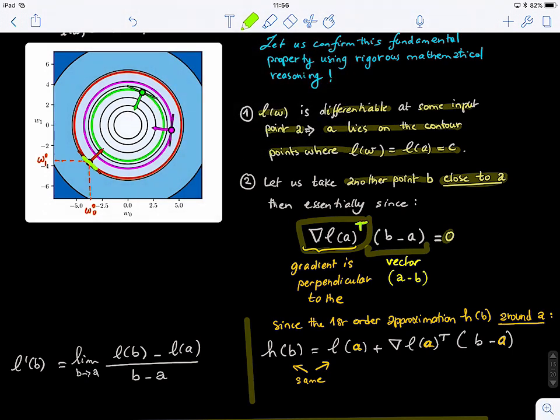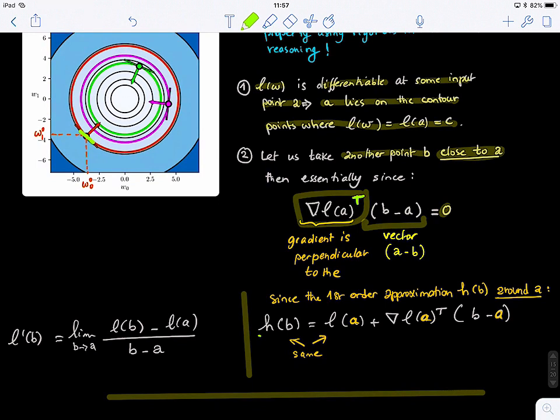Which means x is perpendicular to y, okay? And this is exactly what we have here. If we write the linear approximation of our function, because these points lie on the same contour, they have the same values, so this will be equal to 0, okay? So it's kind of simple.